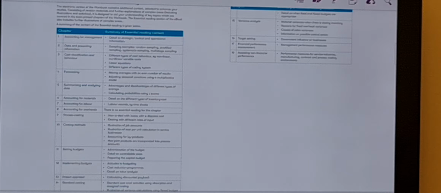Therefore, these are the 18 chapters that we will be covering one by one.